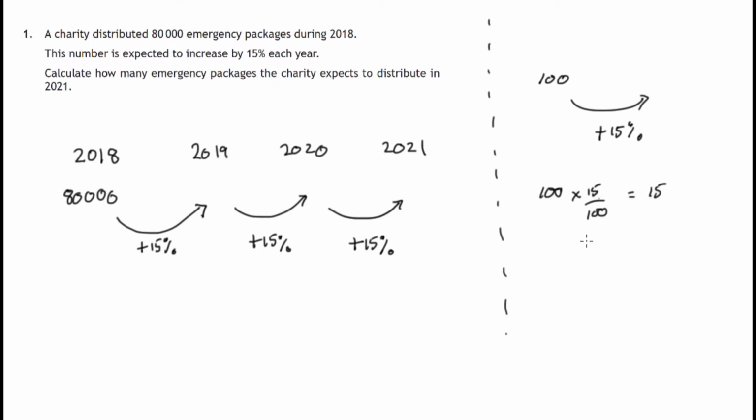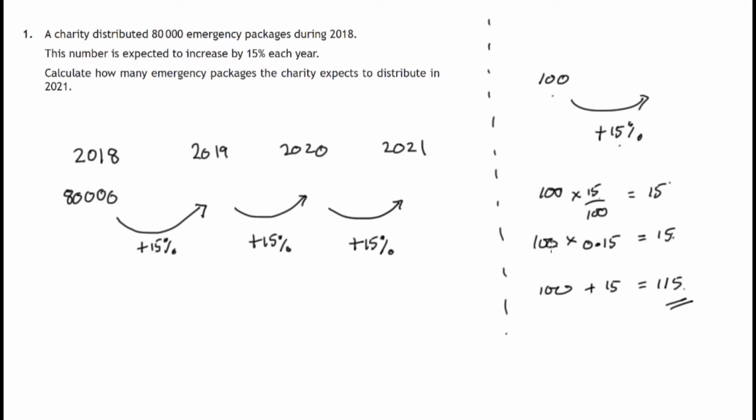Now 15 hundredths is 0.15, so we're multiplying 100 by 0.15 to get 15, but then we're adding that 15 on to the 100 to get 115. And that's how we would increase 100 by 15%.